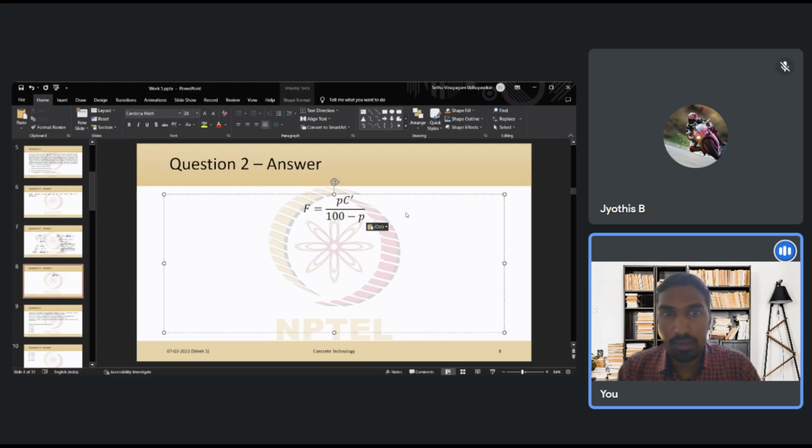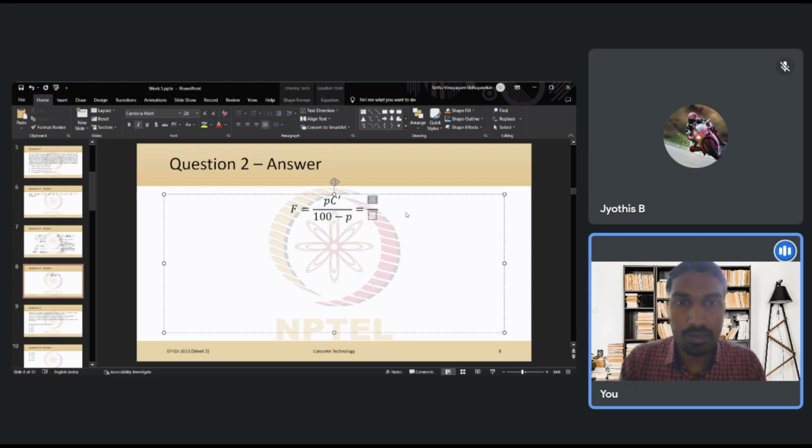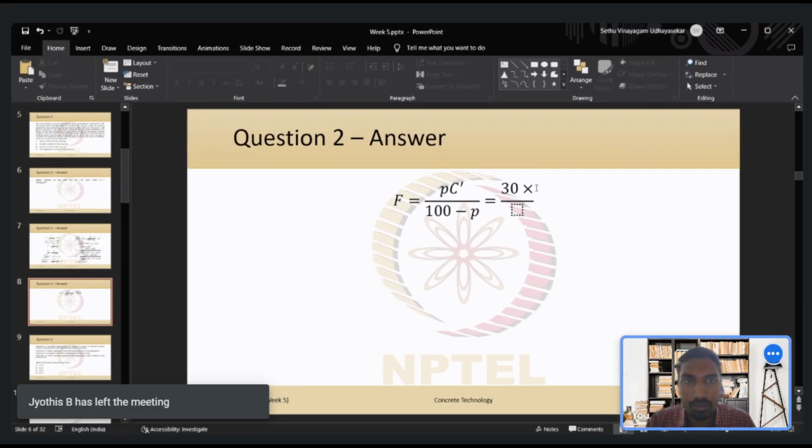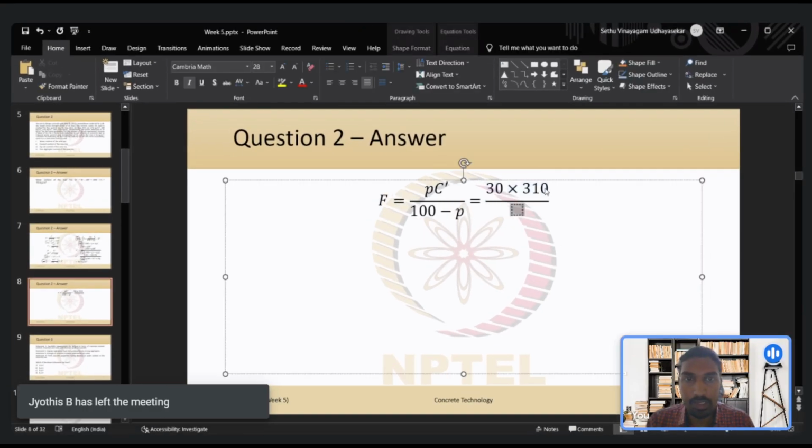In this, we know all the necessary information. P is 30 times C prime, which we just found out is 310 kilogram per meter cube. So that is 310 divided by 100 minus P30.